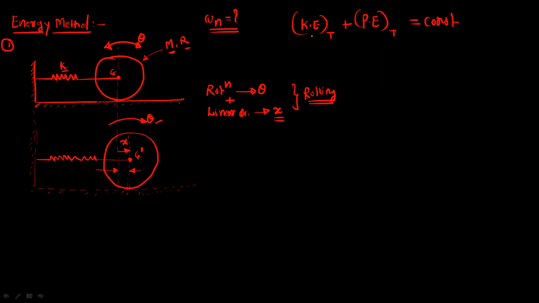So this kinetic energy is the combination of two energies: one is the rotational kinetic energy and second is the linear kinetic energy. The total kinetic energy of the system is equal to the kinetic energy for the linear motion plus the kinetic energy for the rolling motion.